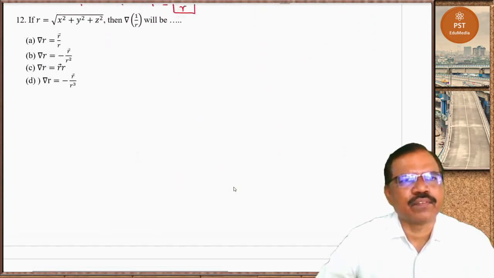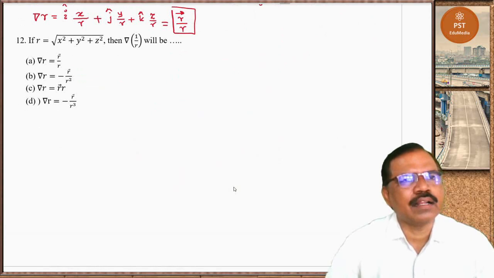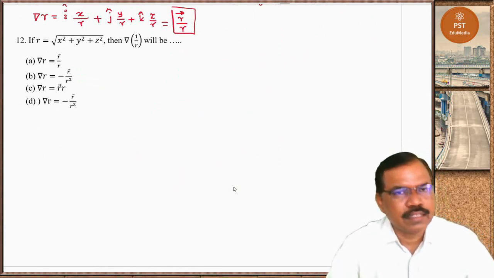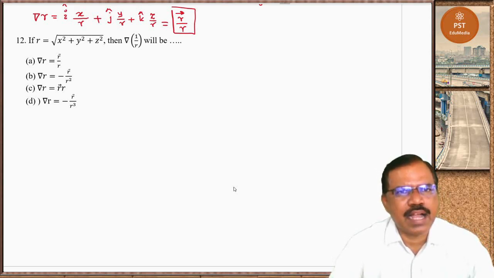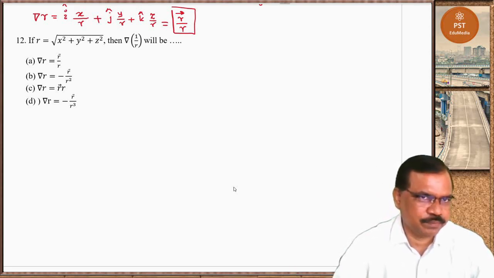Now next one. If r is equal to root of x square plus y square plus z square, then find del of 1 by r. So here 1 upon r, we have to find del of 1 upon r.